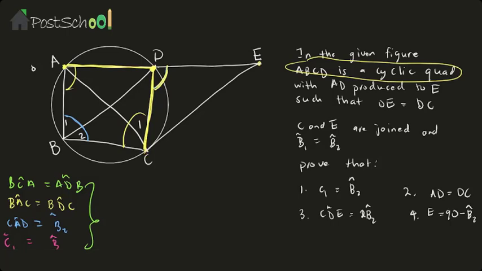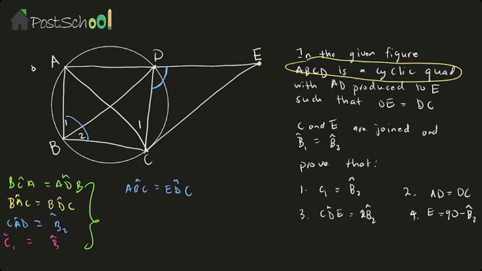Then for this exterior angle, ABC, you will say ABC is equal to EDC, exterior angle of a cyclic quad.